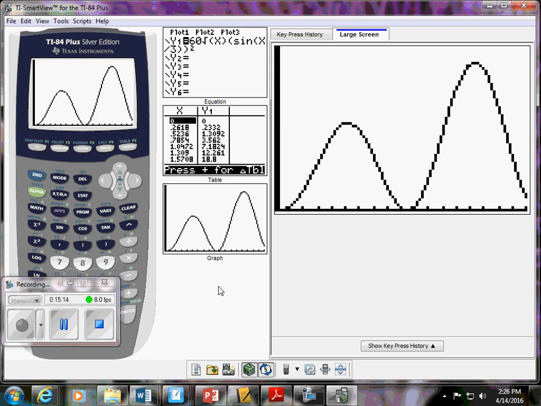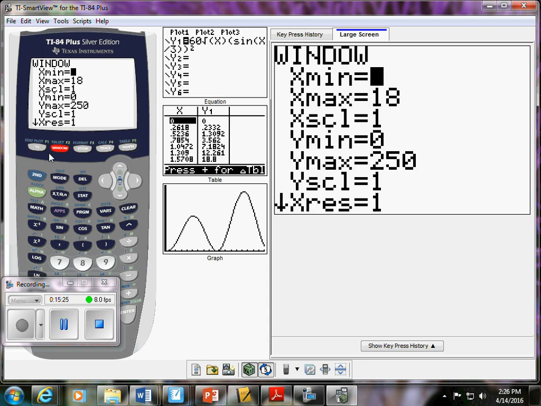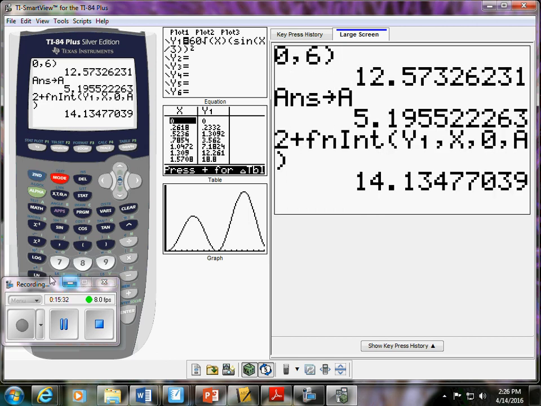I entered it in Y1, and now we just get our answer. I made the window as it was shown to me in the picture. You see it on the graph that they gave you?